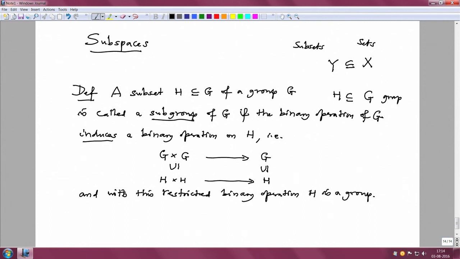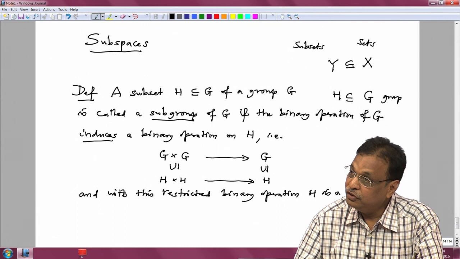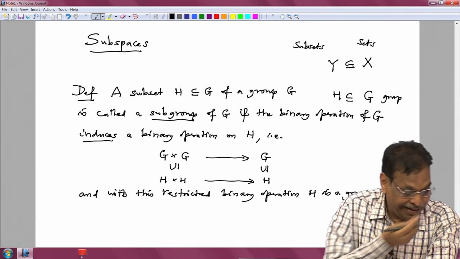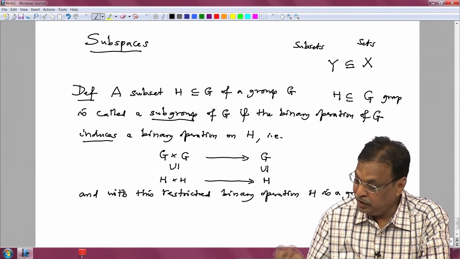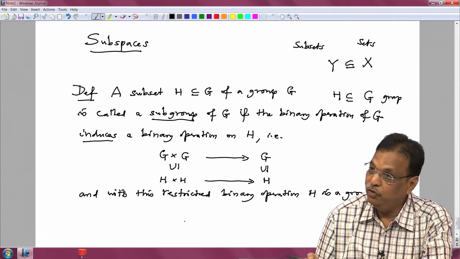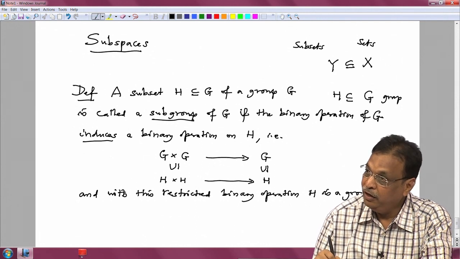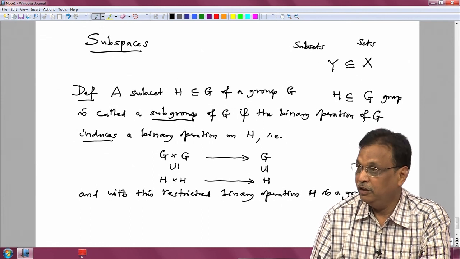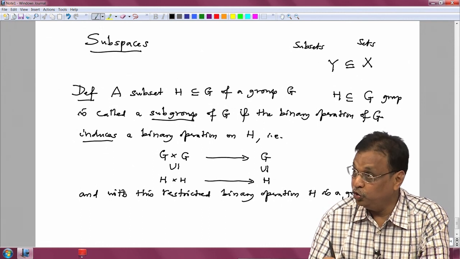It should have identity, but it is obvious that the identity of G will also serve as identity in H, and inverses should also belong to H. So, how do we check somebody is a subgroup? We have to check that if you have an element in H, the inverse of that element, which is a priori an element in G, should also lie in H. Then only an identity should belong.